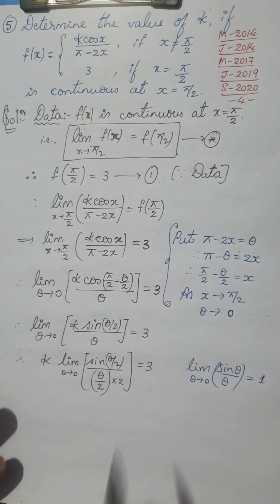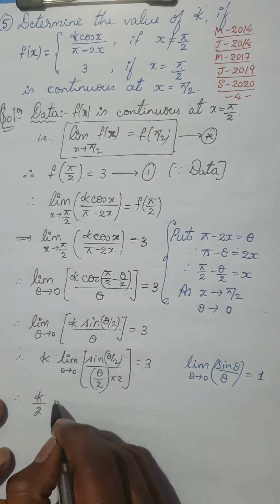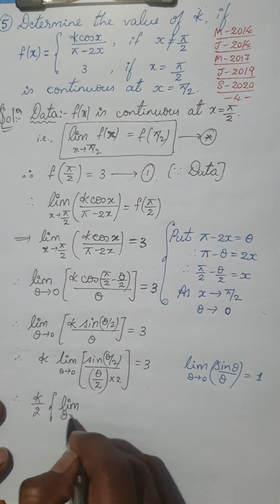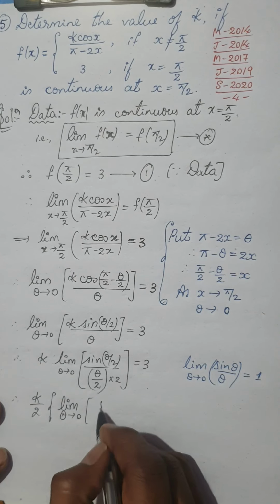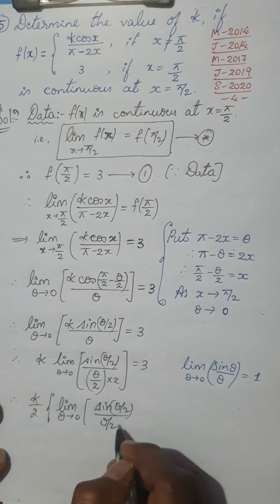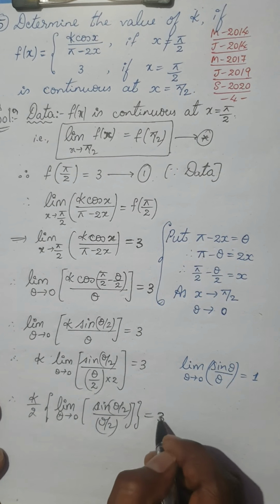Now I'm going to keep this 2 also outside. Therefore, k by 2 into limit as theta tends to 0. Don't confuse. Sine of theta by 2 divided by theta by 2 is nothing but 3.